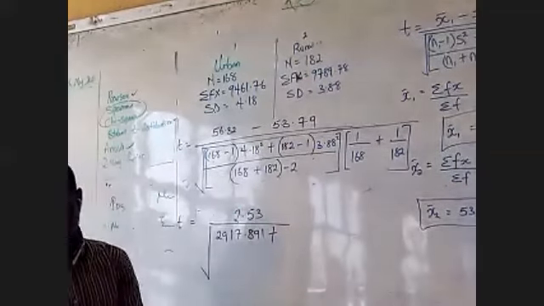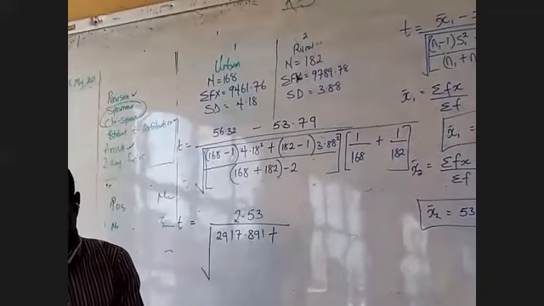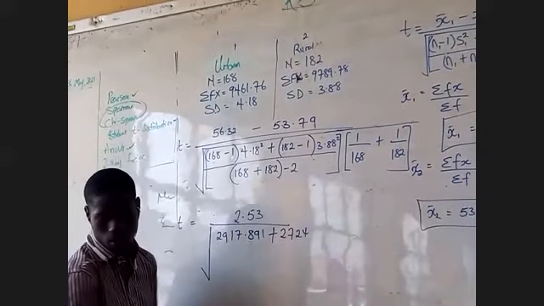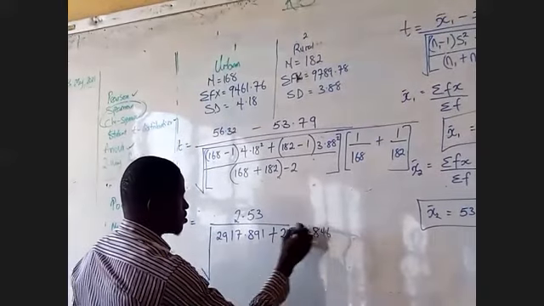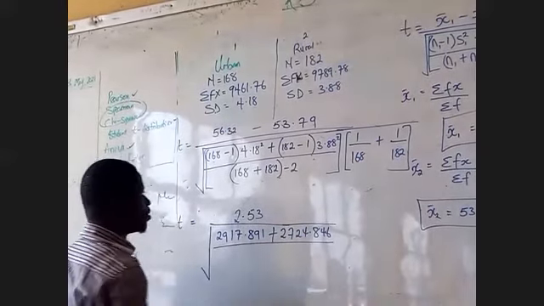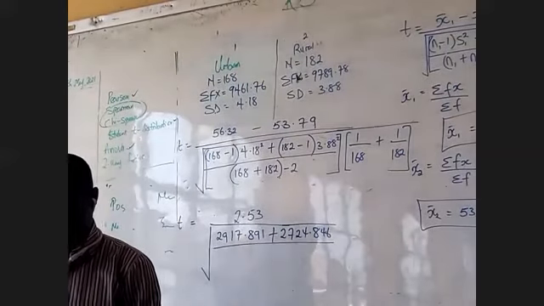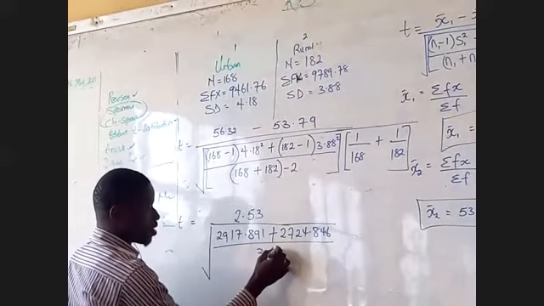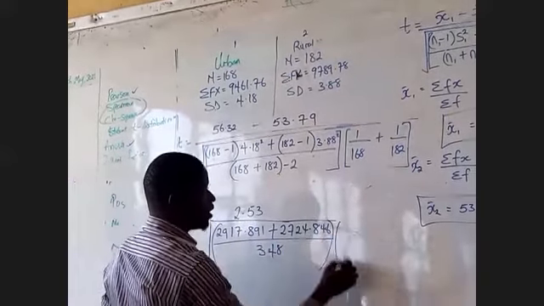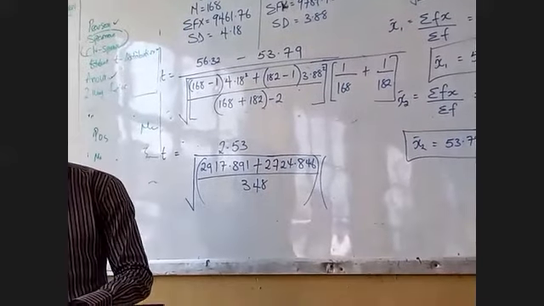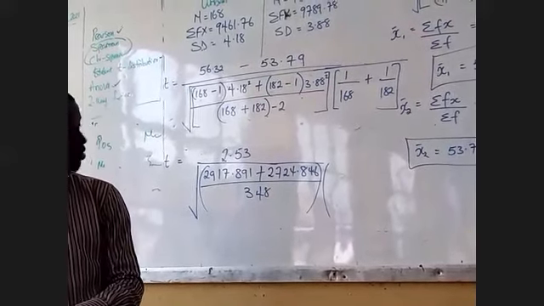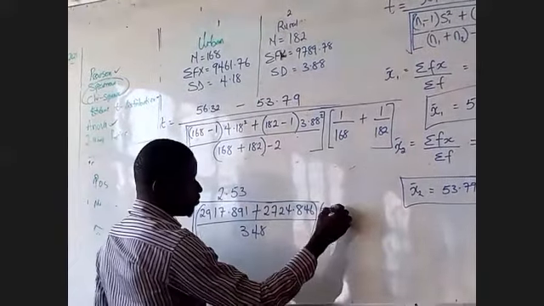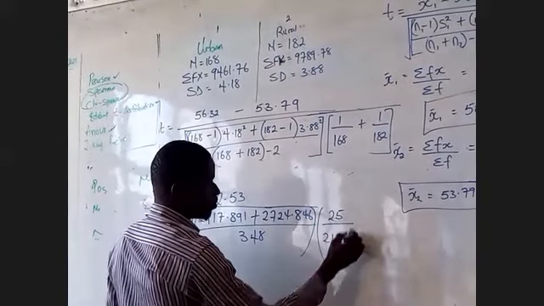This will be 181 multiplied by 3.88 squared, 2724.846, divided by, let's solve the numerator, 168 plus 182, that's 350 minus 2, that's 348, right? All this multiplied by, let's solve this, 1 over 168 plus 1 over 182, that's 25 over 2184.